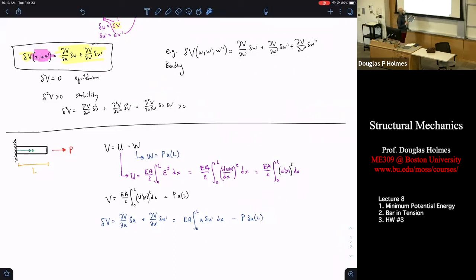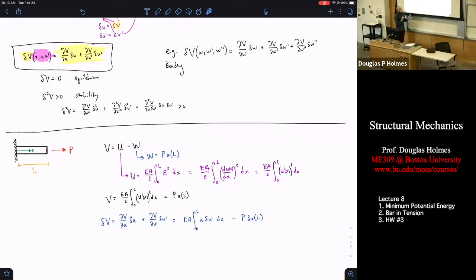Now, depending on how well you remember what we talked about last class, you might recall that what we would like to do is throw away our arbitrary virtual displacements. We want to say they're arbitrary, so whatever multiplies our virtual displacements has to be equal to 0.